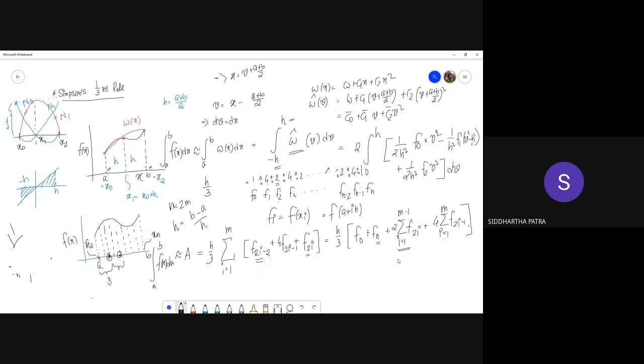If you want to write it in terms of n, that is also possible. It is h by 3 times f0 plus fn plus twice summation over i equals 2 to twice n minus 2, but then i changes in steps of 2.